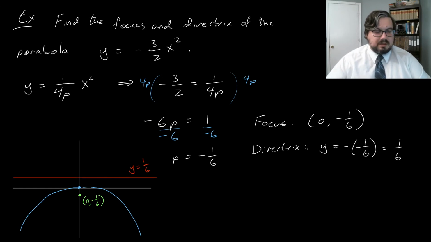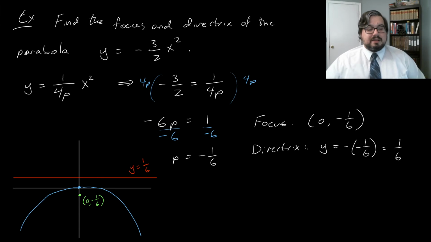Actually, that was a little too high. Let me go like that. So this is how we can find the focus and directrix of a parabola that is centered at the origin.